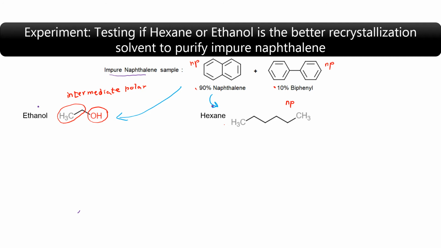So it looks like ethanol might show differential solubility for naphthalene at cooler versus higher temperatures. So from the get-go, just by looking at the molecular structures, it looks like ethanol is supposed to be the better recrystallization solvent.